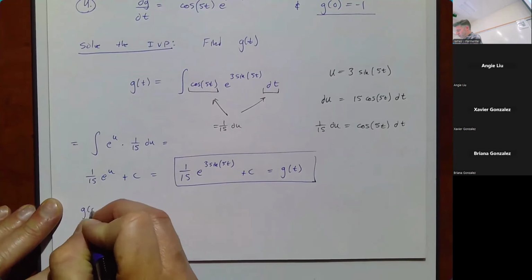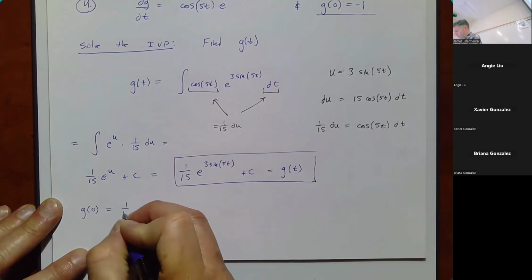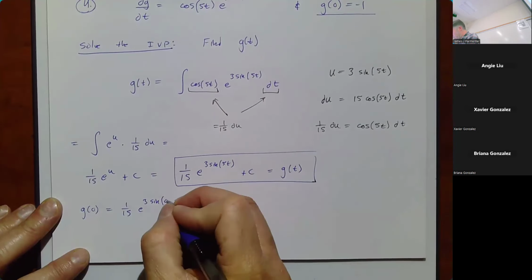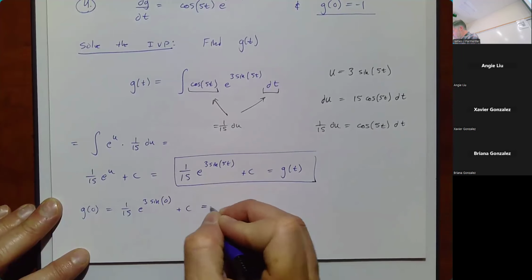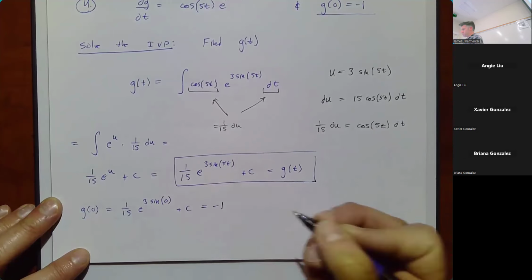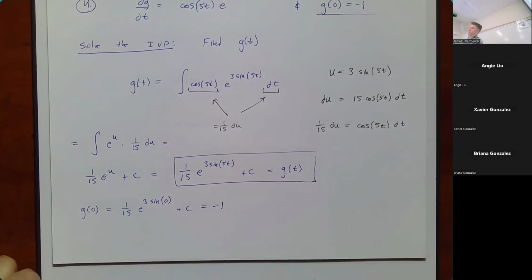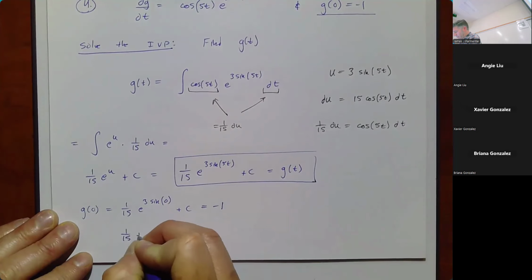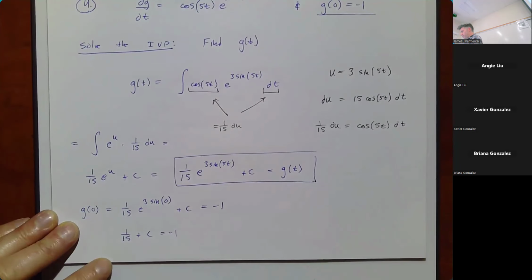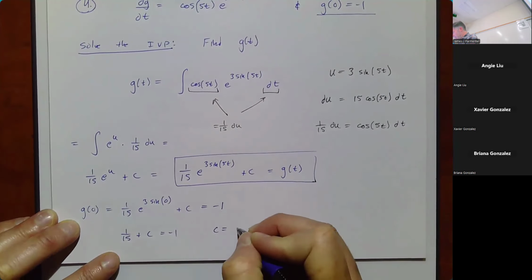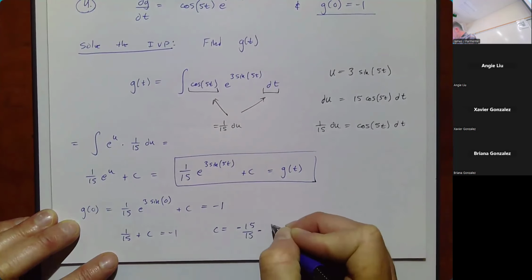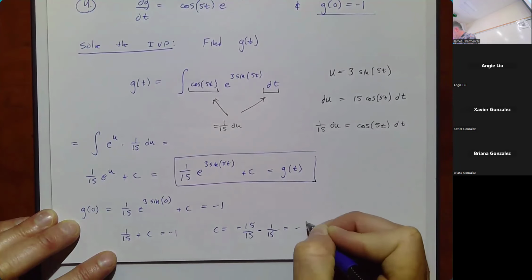So g of 0 should equal 1/15 e to the 3 sine of 5 times 0, which is 0, plus c, and that should equal -1. Sine of 0 is 0, 3 times 0 is 0, e to the 0 is 1. So we have that 1/15 plus c is equal to -1. So c is equal to -1, which is -15/15, minus another 1/15. So c is -16/15.